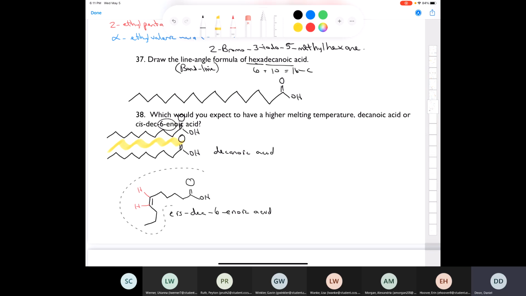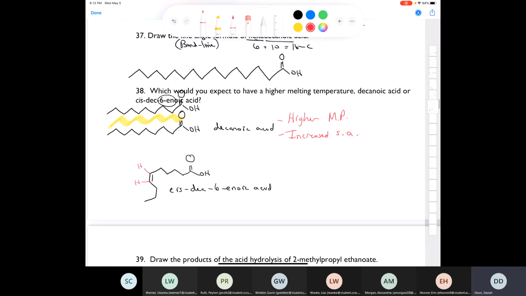If I try the same exercise with this thing, if I copy and paste that guy, there's no way they're going to pack as efficiently, right? They just won't. So the packing is not going to be as efficient, and therefore the straight chain carboxylic acid is going to have the higher melting point, and it's because of increased surface area, greater contact of the two surfaces of two of the molecules.